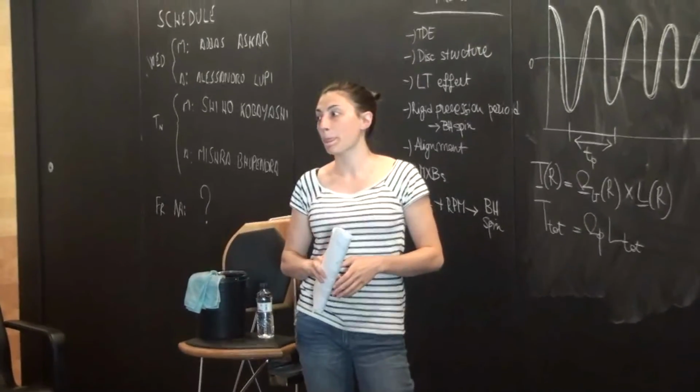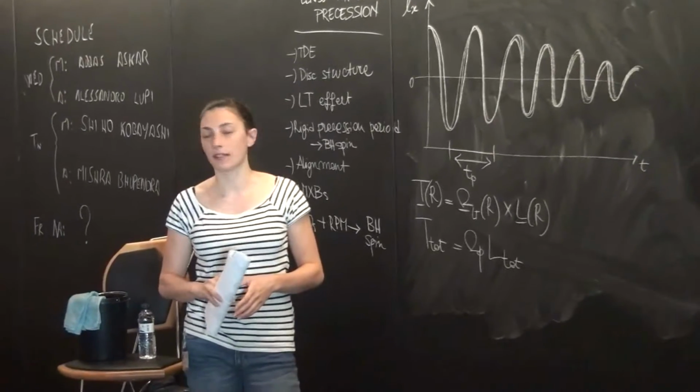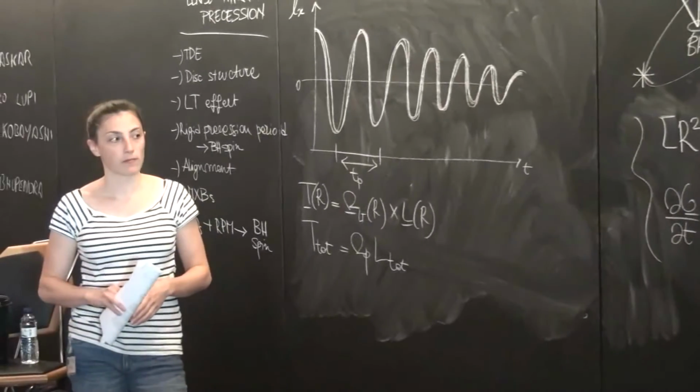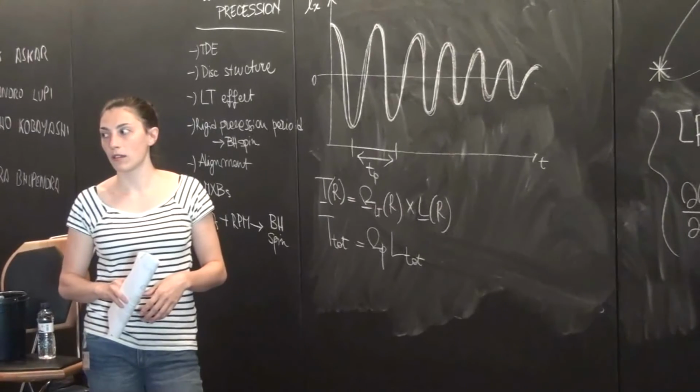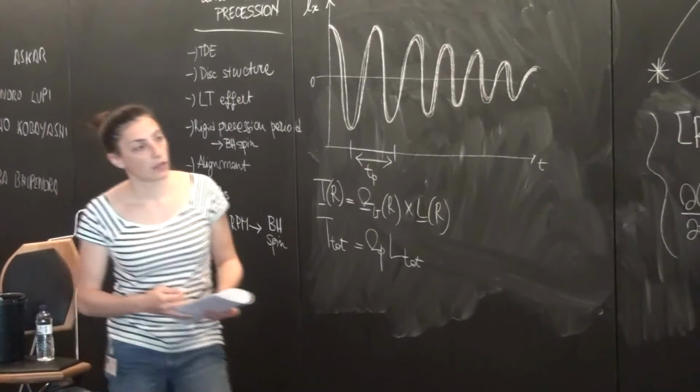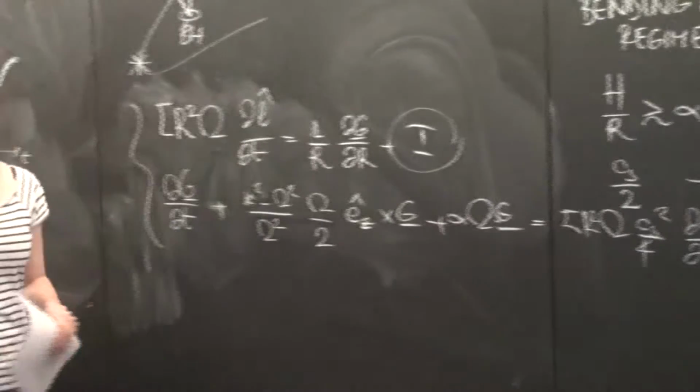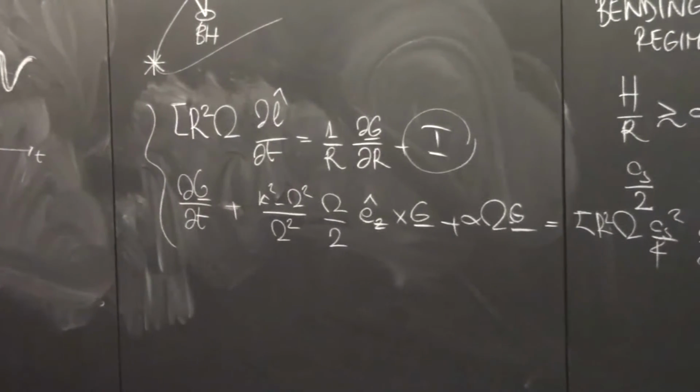So here omega is the Keplerian velocity? Yes, it is. And where is the black hole? Which term is the Lense-Thirring precession term? So this one.